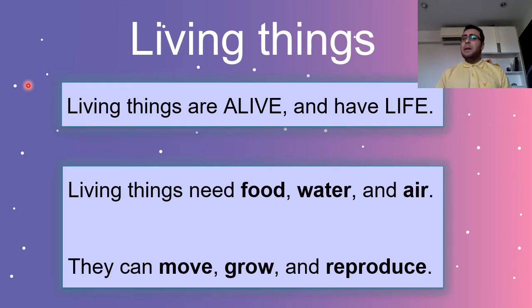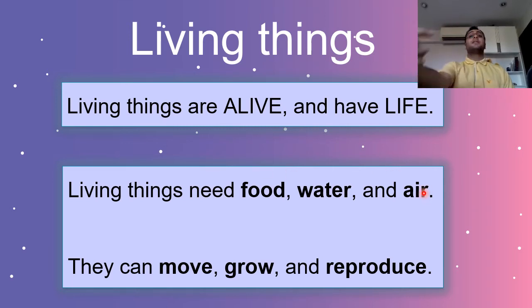Okay, now let's make it easier. Living things need food. Food means ahan. Food, water, you already know water, and air. So all living things need these three things. They need food, water, and air.